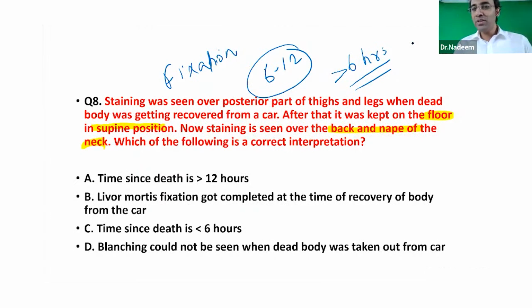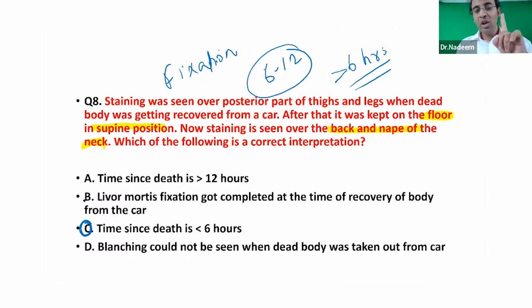Fine. So which of the following is a right statement about time since death? At the time of recovery it was over the posterior part of thighs and legs. Now the staining has shifted. It means death has happened within 6 hours or less. So at the time of recovery of the dead body from the car, the staining was not fixed.